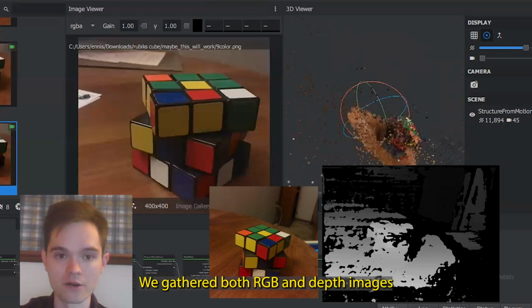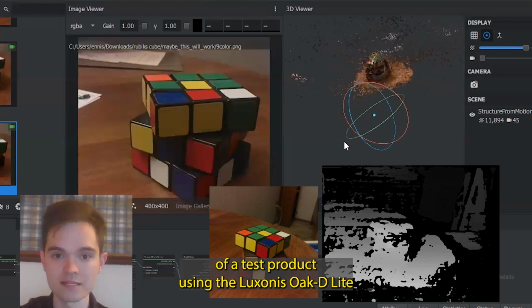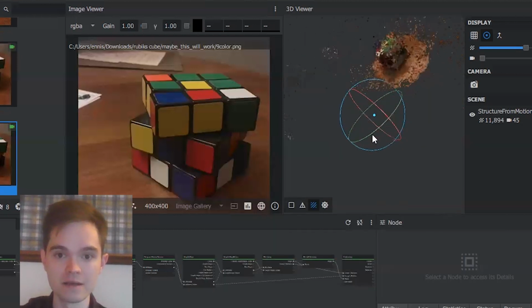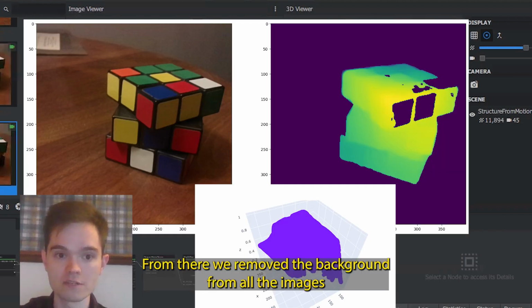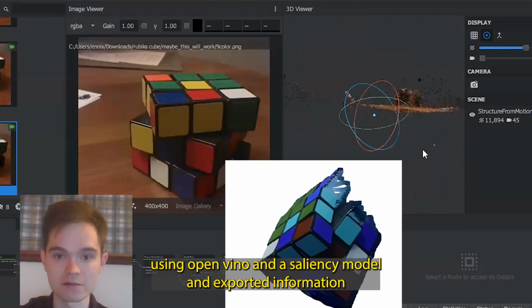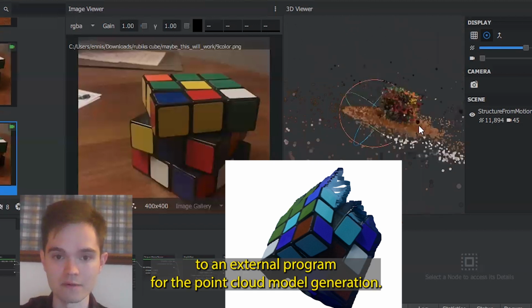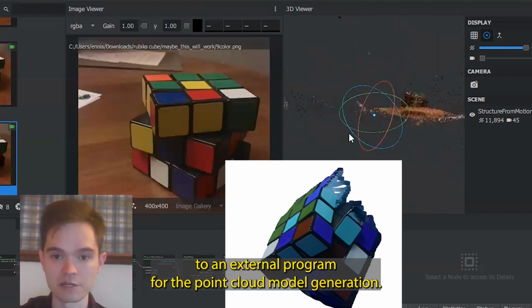We gathered both RGB and depth images of a test product using the Luxonis OAK-D Lite. From there, we removed the background from all the images using OpenVINO and a saliency model, and exported the information to an external program for the point cloud model generation.